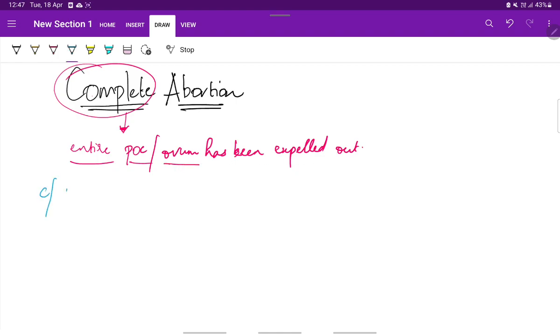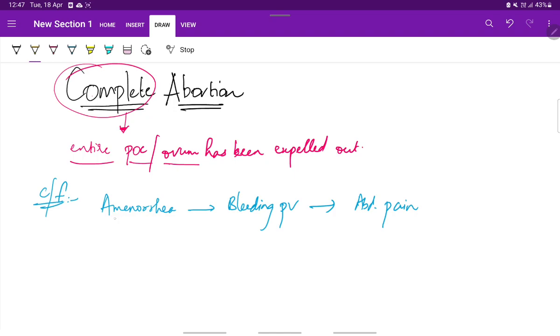Now coming to the clinical features, as in any other abortion, the clinical feature constitutes a triad: a period of amenorrhea followed by bleeding per vaginum and abdominal pain.